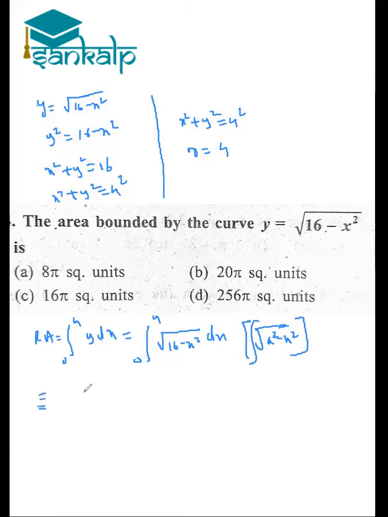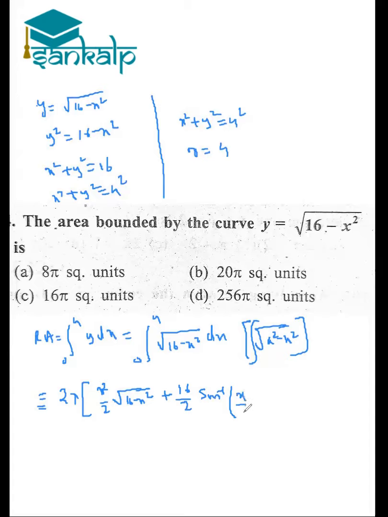So using the formula we can simplify it as 2 into x by 2 root of 16 minus x square plus 16 by 2 sine inverse x by a. We are multiplying by 2 because the area is bounded both in the first quadrant as well as the second quadrant.